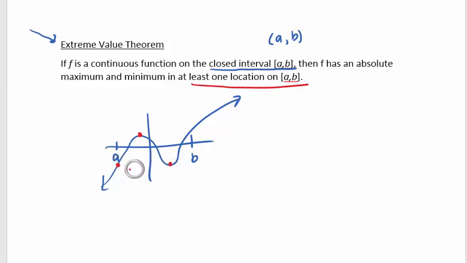And so if that were the case, these two f of x values here are exactly the same, then we would have an absolute minimum at 2 locations, because we're not talking about it as a single point. We're talking about an absolute minimum as a function value there. So we could have the smallest function value occurring at 2 points. So that's something important to kind of look at and take into consideration.